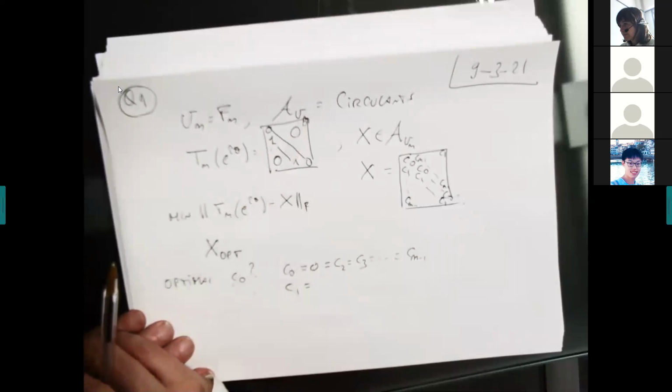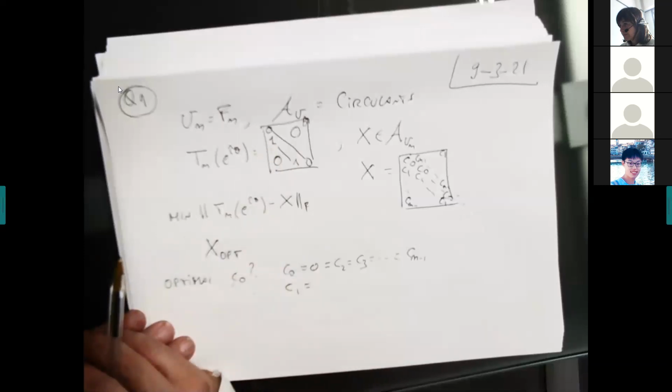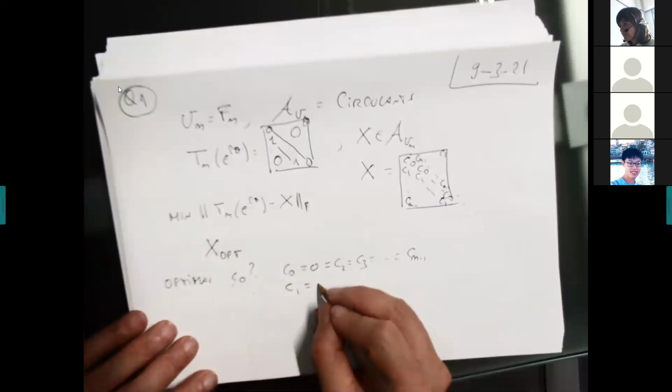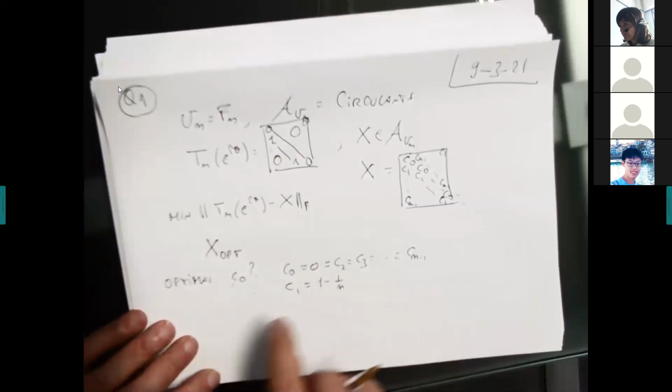You can see geometrically. So the 1 has weight n minus 1 and the 0 has weight 1. So if you make this convex combination, the optimal C1 is 1 minus 1 over n. That is n minus 1 over n.